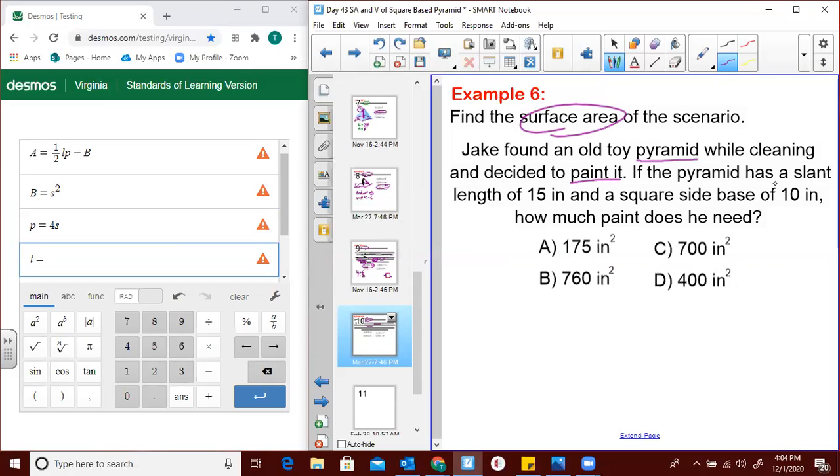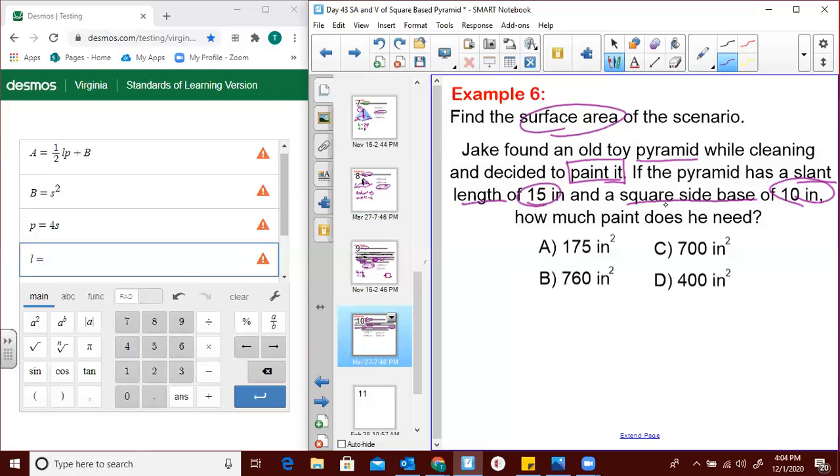If the pyramid has a slant length of 15 inches and a square side base of 10 inches, how much paint does he need? All right, couple things. If it didn't say surface area, we would know it's surface area because he wants to paint it, right? You don't paint the inside. I mean, I guess you do paint the inside of some things, but in 8th grade math class, we're not painting the inside of the pyramid, we're painting the outside.